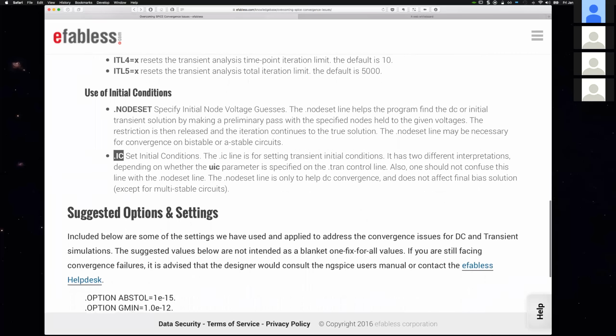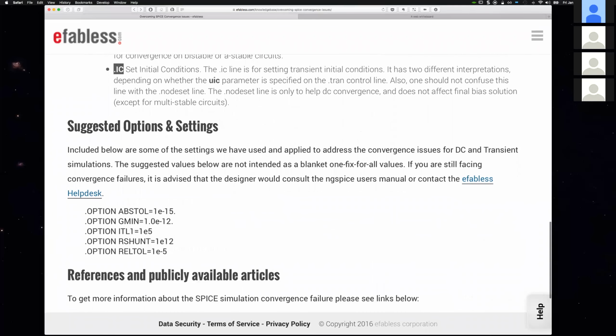Now, we just put a suggested set of values, and I have to say here, there's no real bulletproof answer. If you don't know the circuit's dependency on your parameters, then it's very dangerous. So you always have to understand the impact of these parameters, whatever you change, on the solution.